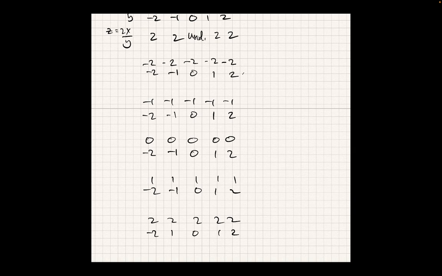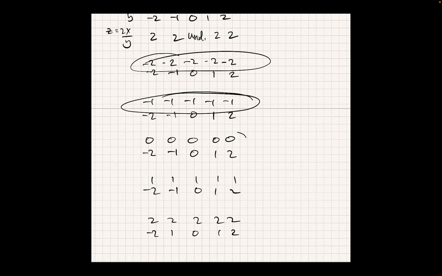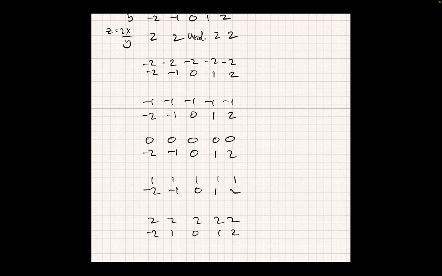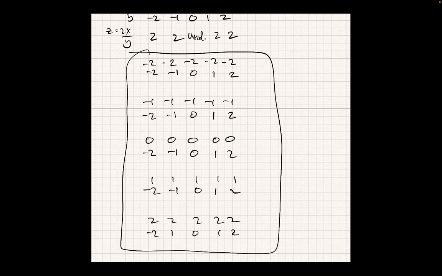For each table, y goes from -2 to 2 all the way down, and then the x's go from -2 to 2. That would give you all the values, and if we filled out this entire table, we would get a better picture of what z looks like.